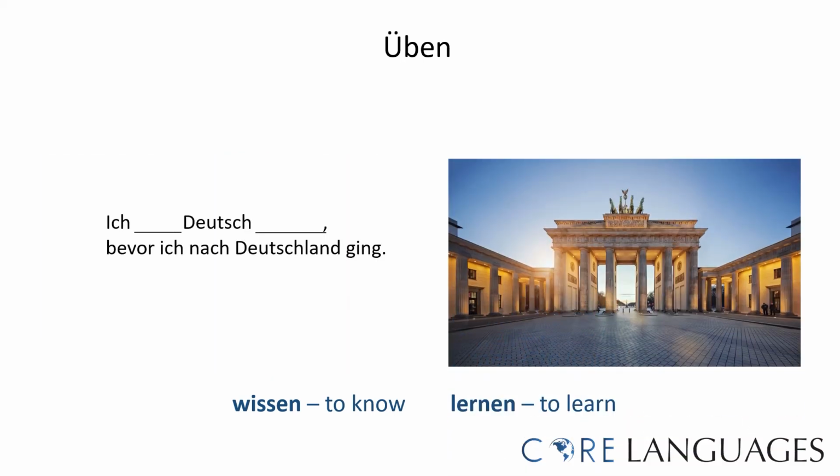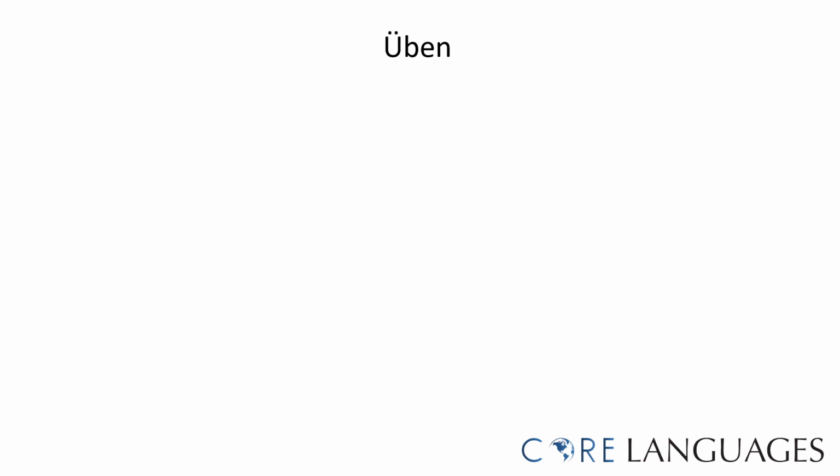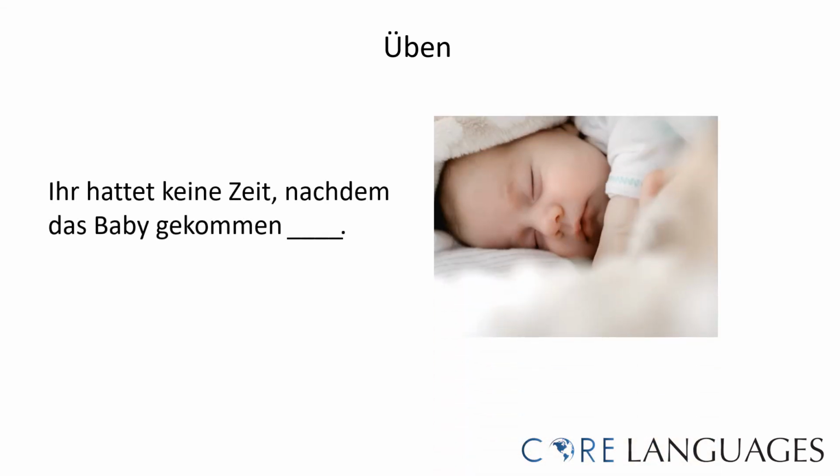Ich, Deutsch, bevor ich nach Deutschland ging. The correct verb is lernen, and lernen in the past perfect is ich hatte Deutsch gelernt, bevor ich nach Deutschland ging. I had learned German before I went to Germany. In this example, choose the correct auxiliary verb to complete this sentence in the past perfect.